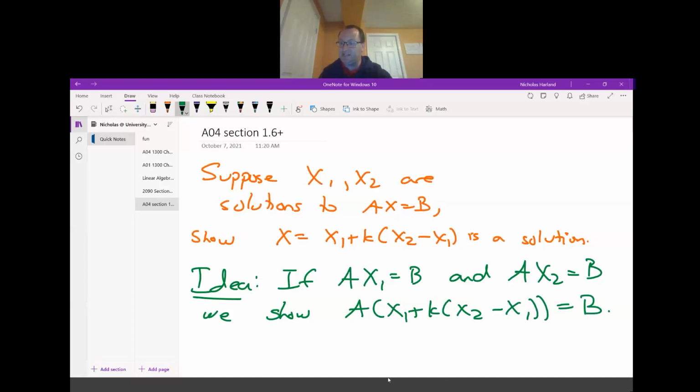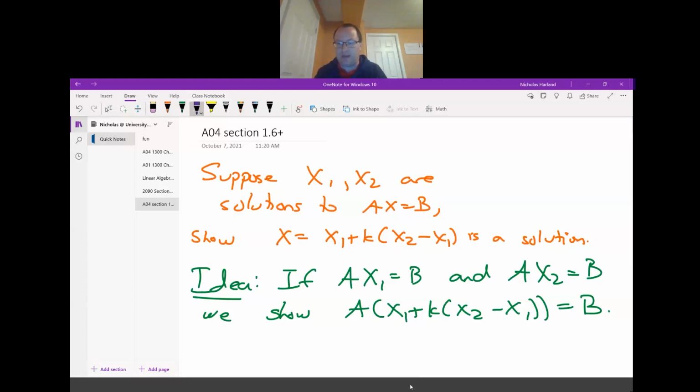Given these two bits of information, show that this left-hand side is equal to the right-hand side. The rest of it is a combination of matrix properties and stuff that we've seen a little bit of since section 1.4. All right. So that's what we're trying to accomplish.